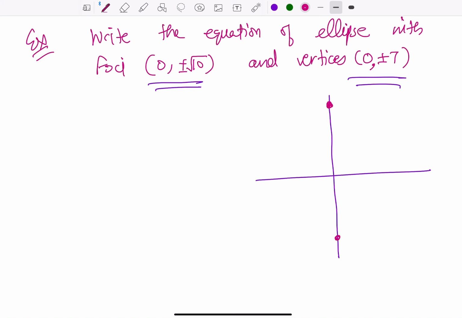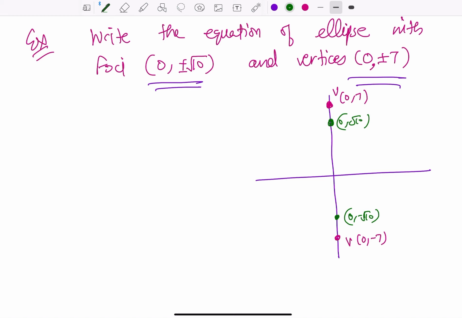So this is my vertex, which is 0, 7. This is another vertex, 0, -7. And there are my foci, 0, square root of 10 and 0, negative root 10. Square root of 10 is around 3.1, 3.2, because it's between 9 and 16, the two perfect squares.